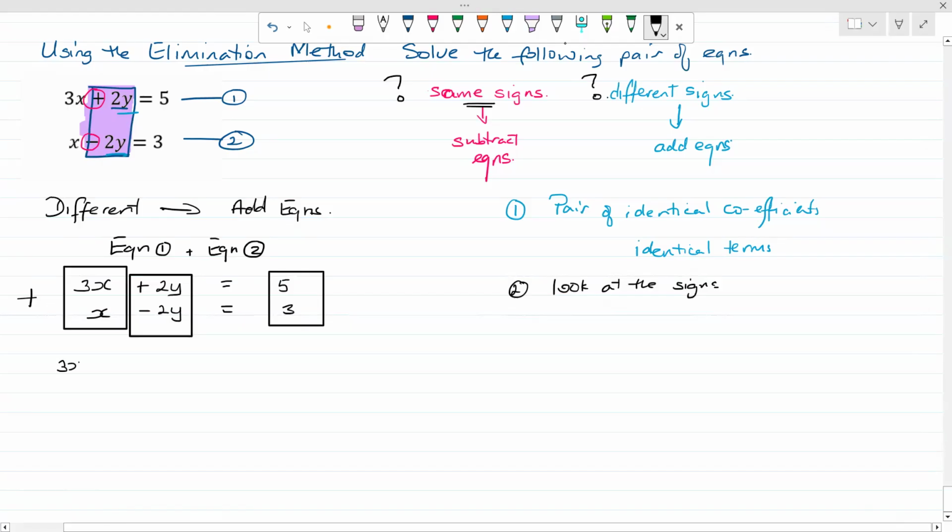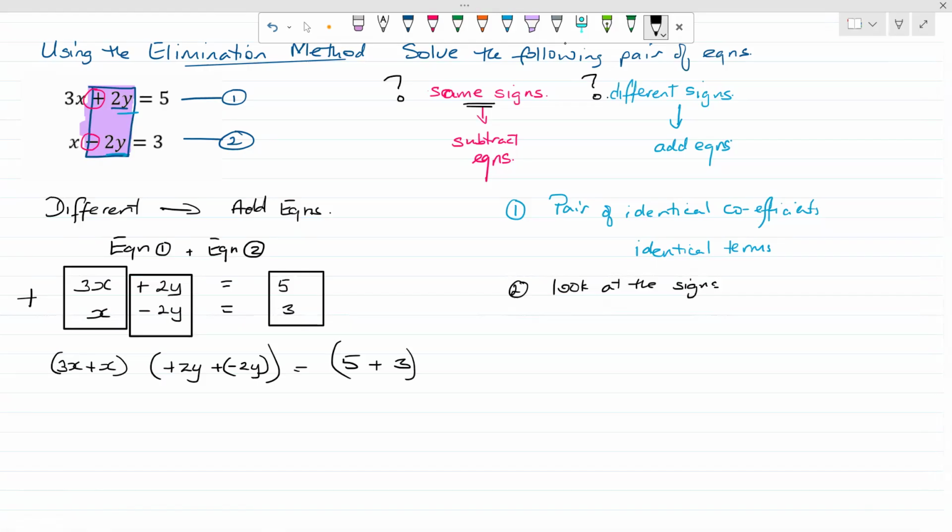So 3x plus x, plus 2y, plus negative 2y, and I'll put this in our bracket. And then 5 plus 3, put that in our bracket. Work out each one separately.